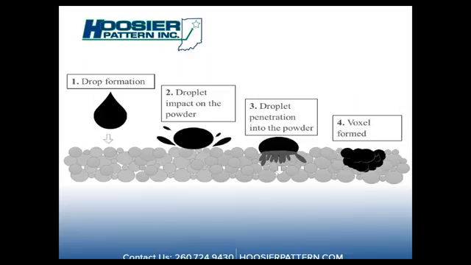The droplet comes down, hits your powder, we're saying sand, penetrates, and that little glob that is hardened is called a voxel. That's why some of these different companies have voxel in their name, because of how these are formed.